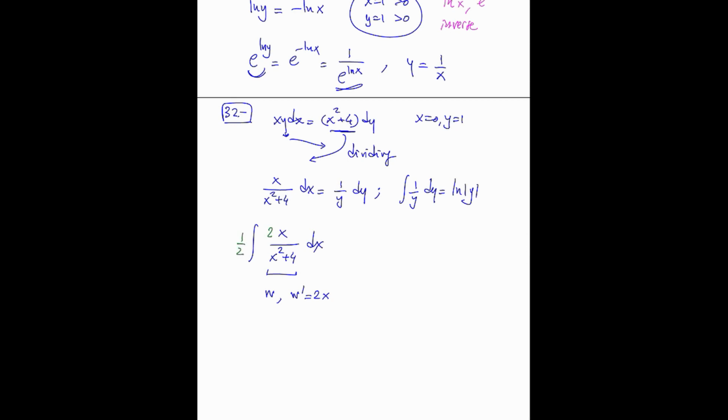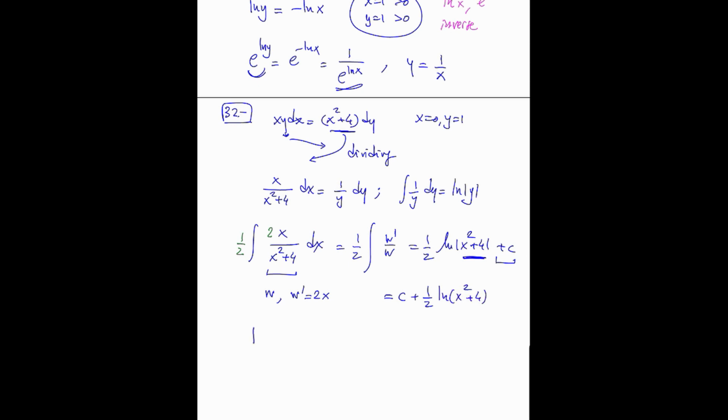And what we have is 1/2 the integral of w prime over w, so this is 1/2 log of absolute value of x squared plus 4 plus c. This c is outside, so let's write it properly, c plus 1/2, and x squared plus 4 is bigger than 4, it's always positive, so here we can certainly forget the absolute value.